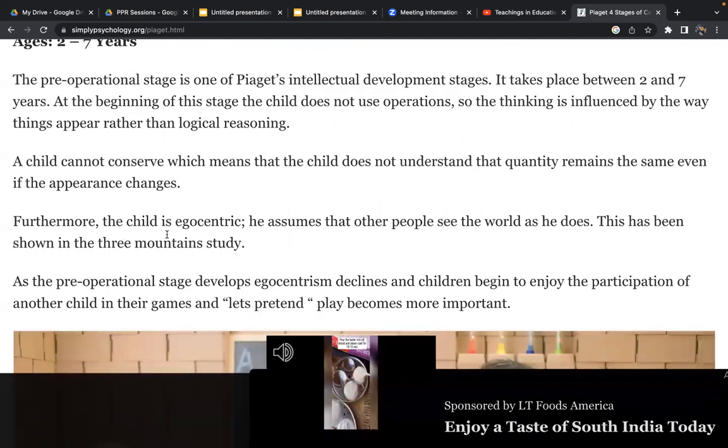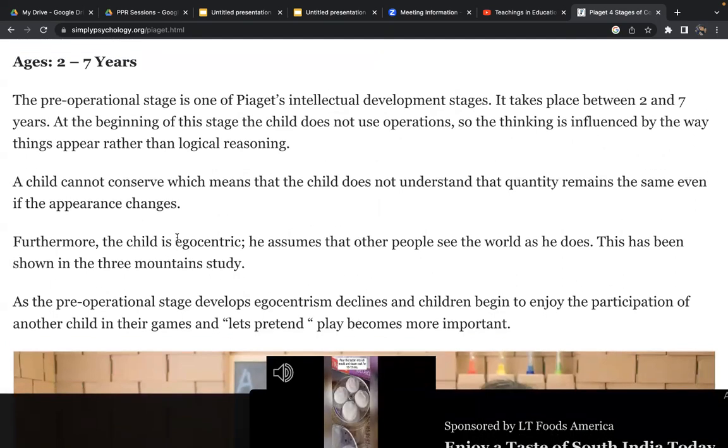Let me see. Furthermore, the child is egocentric, and this is very, very true. During this stage, it's very me-centered. So if you think about kindergarten, they have to learn how to share. Developmentally, they are at a place in kindergarten, 5 and maybe 6-year-olds, where they're still in the egocentric stage. It's part of their normal human development.